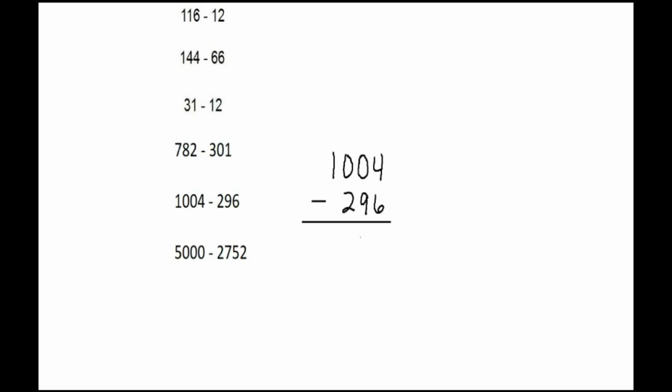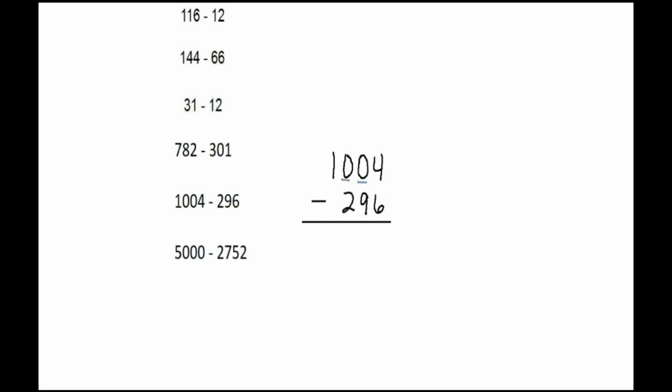But notice that the number in the tens column is 0. We cannot borrow 1 from 0 because 0 is less than 1. Therefore, we must go to the number in the next column, the hundreds column, to borrow 1.